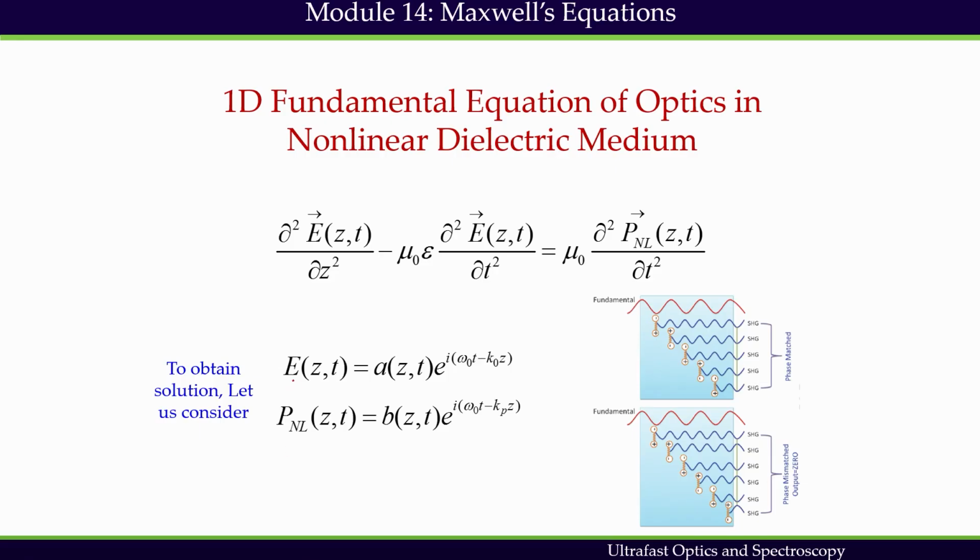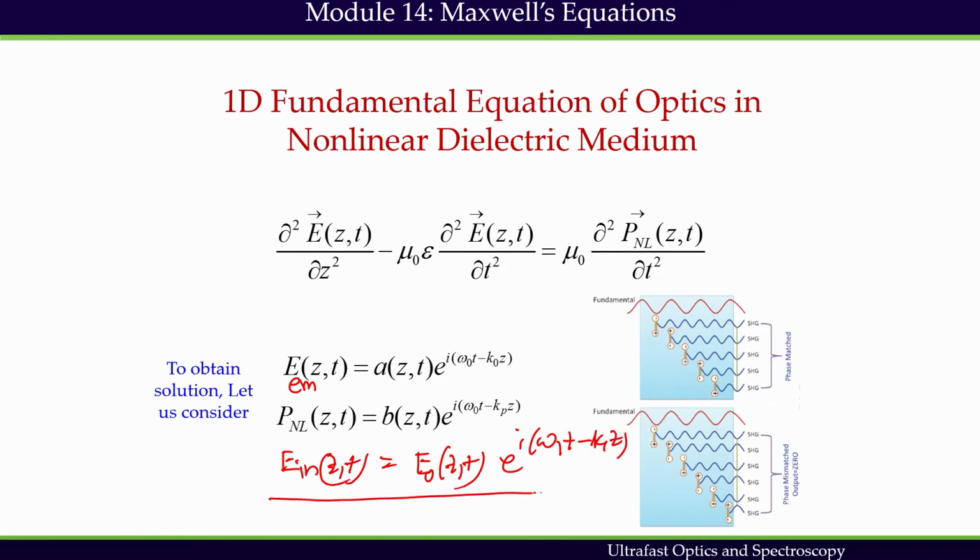So, this is the emitted beam, and if I need to write down the input beam in z and t, I have to write another field, let us say the E naught field, and then e to the power i(omega 1 t minus k 1 z). This is your input beam.